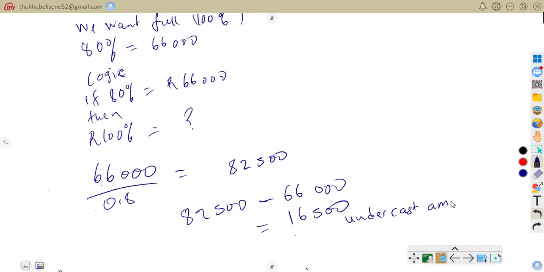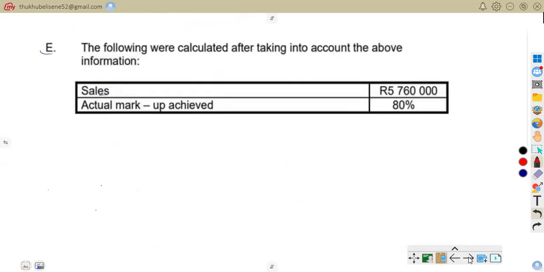That is how easy it is for us to calculate the factory rent expense. So our undercast amount is 16,500. Let us go to our answer book and write it.